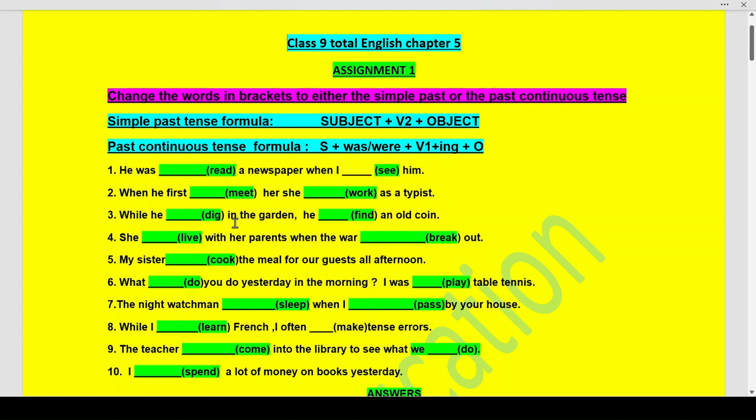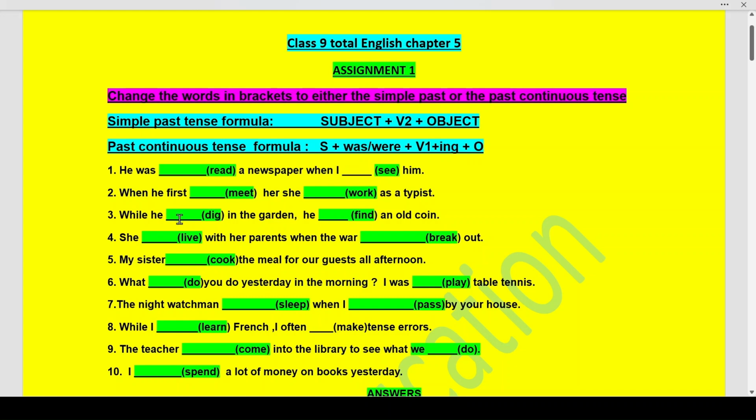While he dig in the garden, he find an old coin. While he was digging in the garden, he is the subject. Dig is V1 form of verb. When we make it into past continuous tense, it becomes V1 form plus ing. So while he was digging in the garden, he found an old coin. Now students, why are we using was over here?